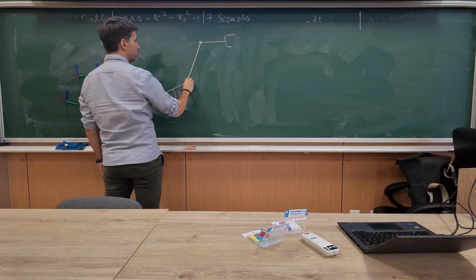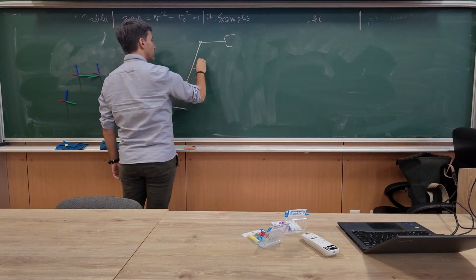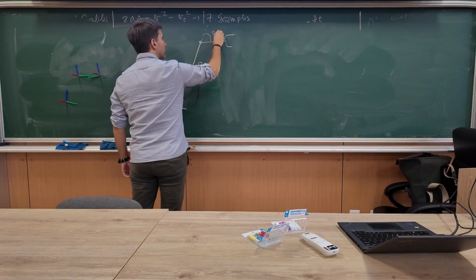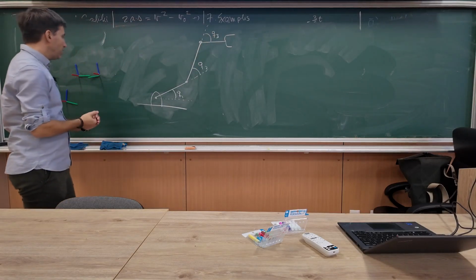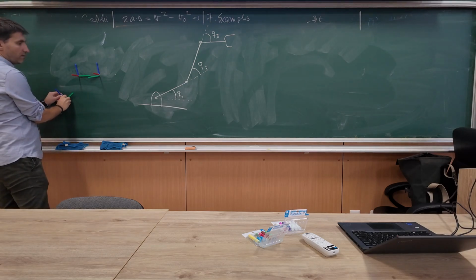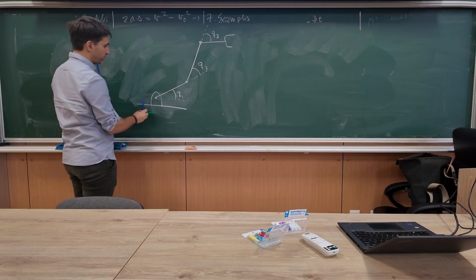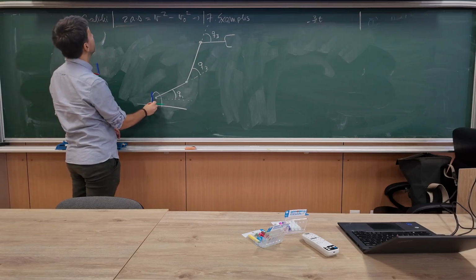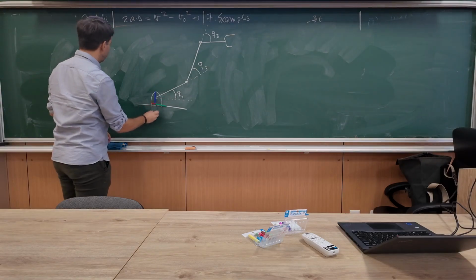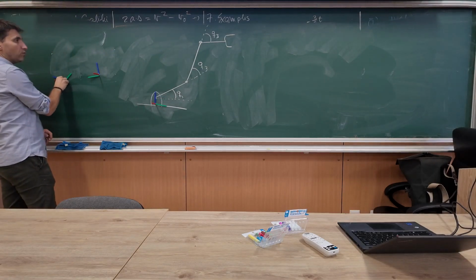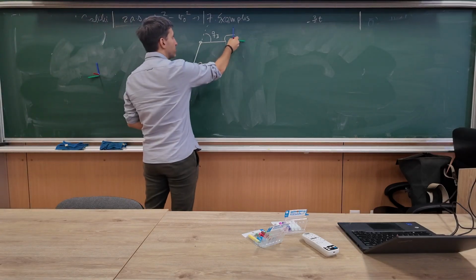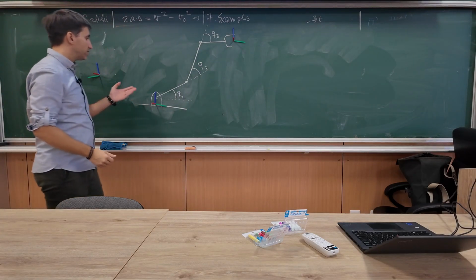I measure Q2 from here, and I measure Q3 from here. And the goal is the same. I start from a base frame. So let's put it a bit down. And I want to calculate what's the transformation of a frame at the end effector with respect to this frame.